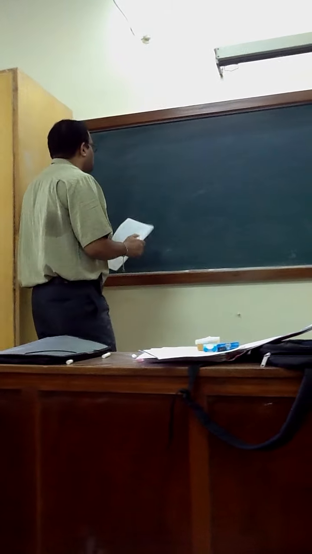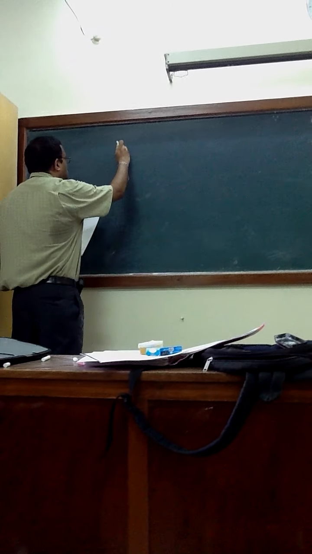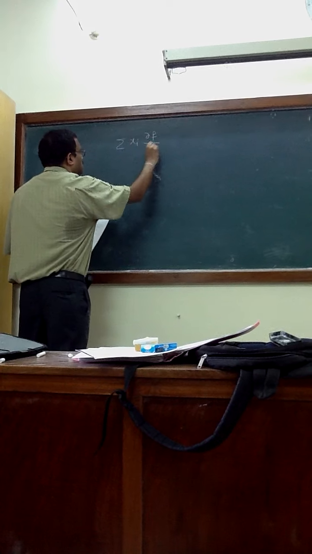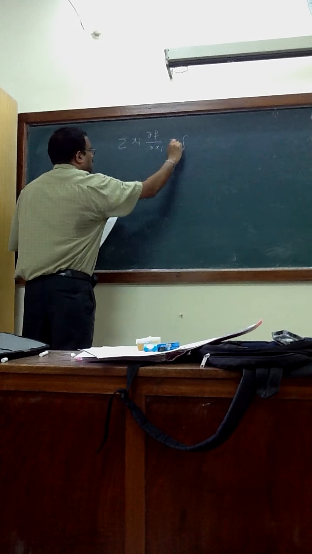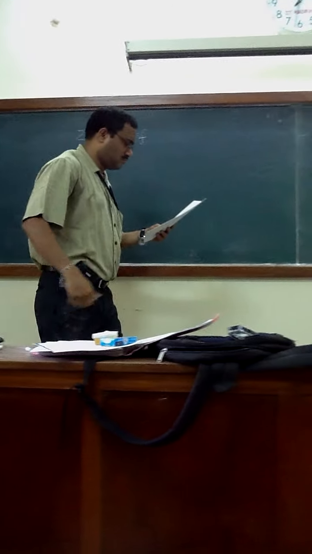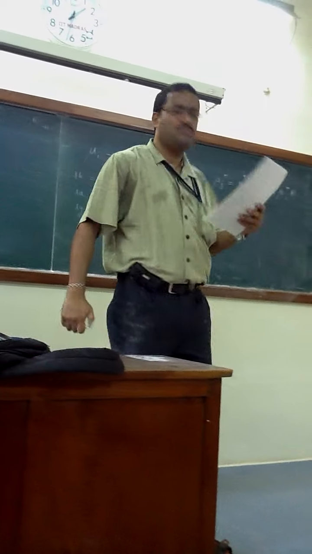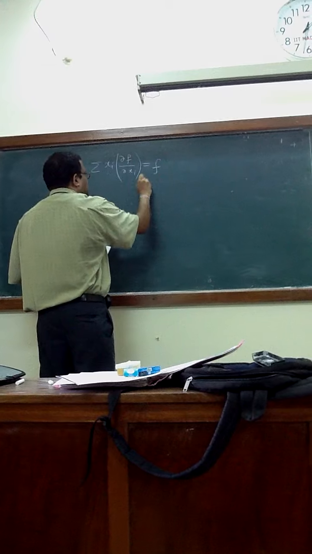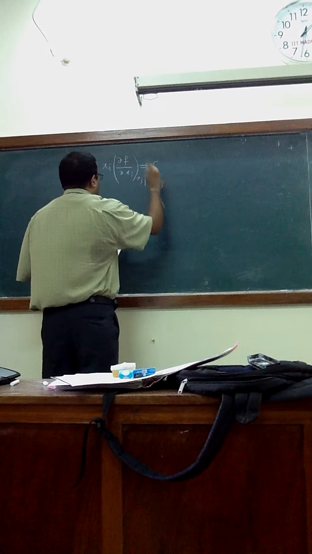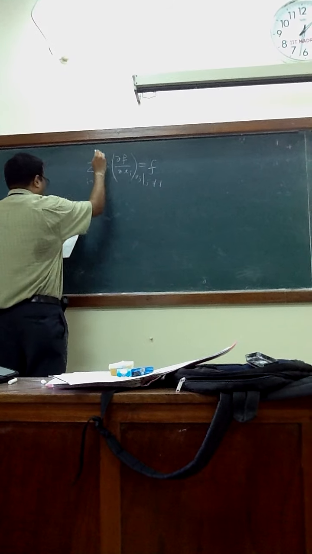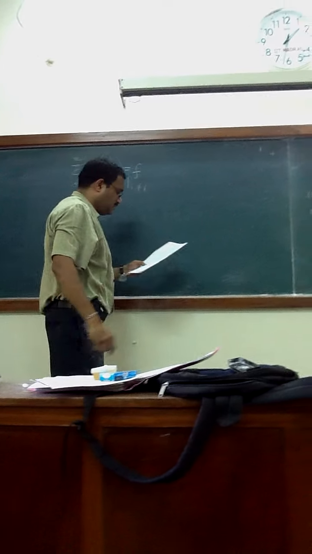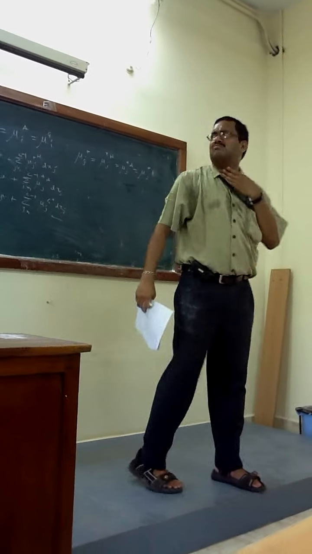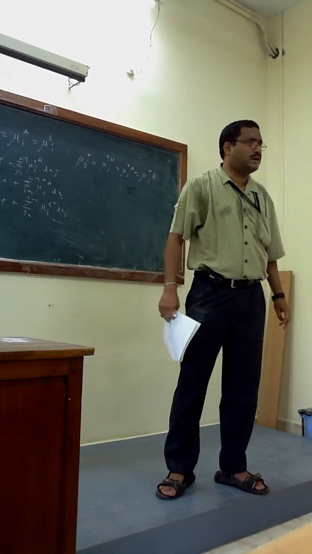Xj, j not equals to i, equals 1 to n, for the homogeneous function of the first order, right?